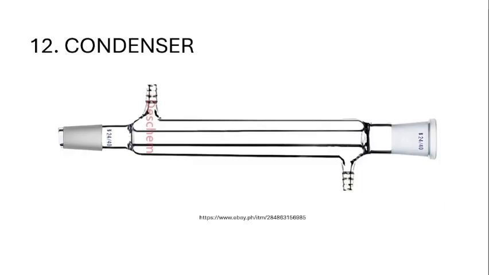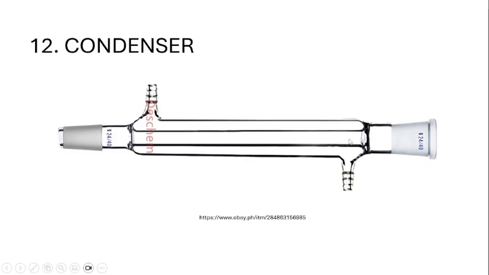Next, we have your condenser. So this is a laboratory condenser. So normally you are going to connect these to the distilling flask, and on the other side this will be connected. The distilling flask will be connected to this side, and the adapter will be connected to this side.